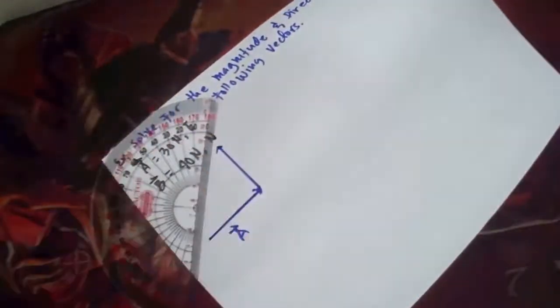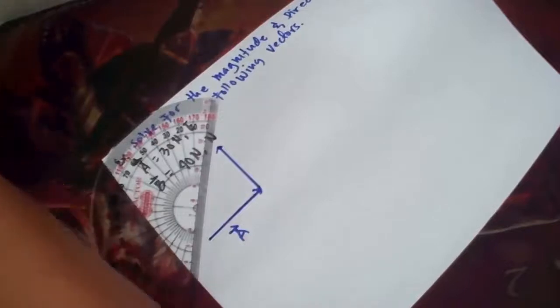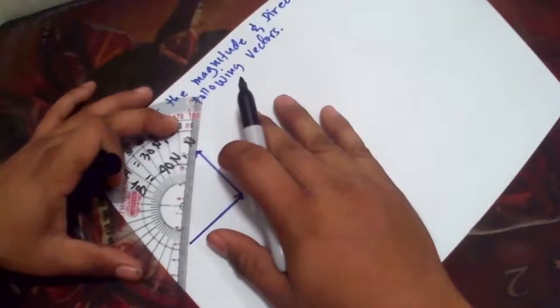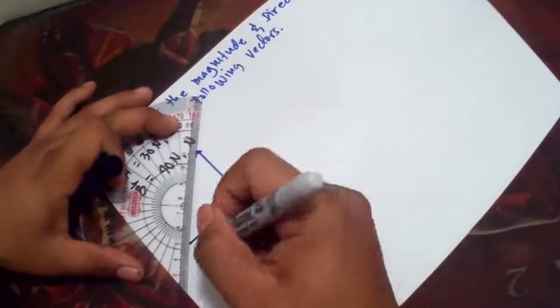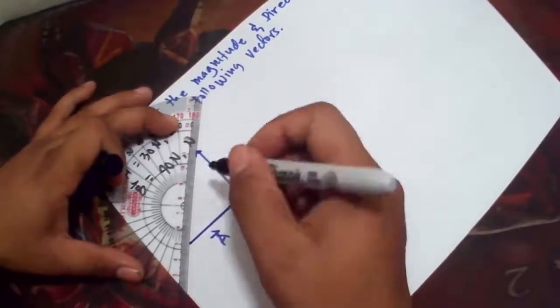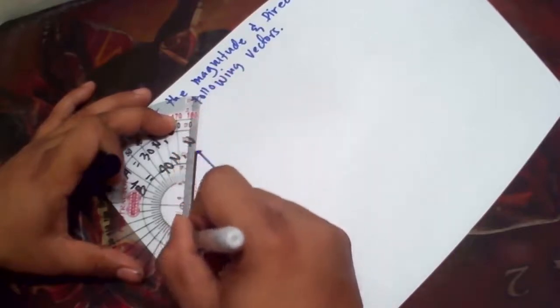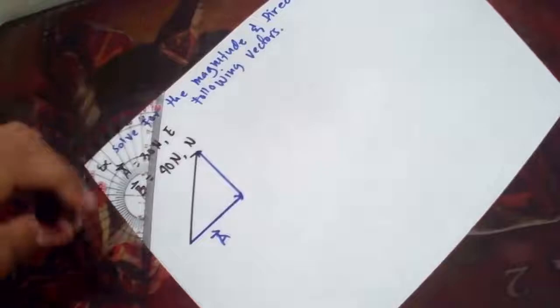And our resultant vector is located here again, from the tail of the first vector to the head of the last vector. So I will just draw my resultant vector here.